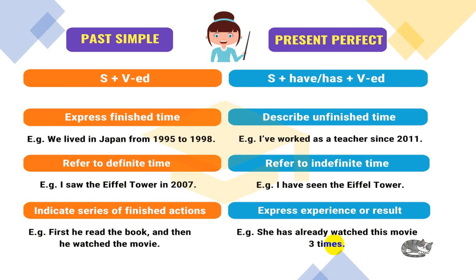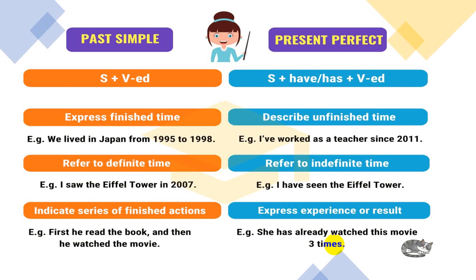For example, we lived in Japan from 1995 to 1998. But present perfect, we have worked as teachers since 2011 till now. I have worked as a teacher since 2011 till now.